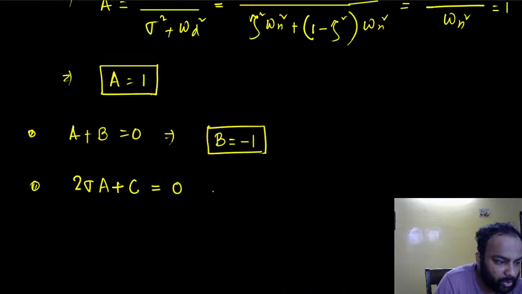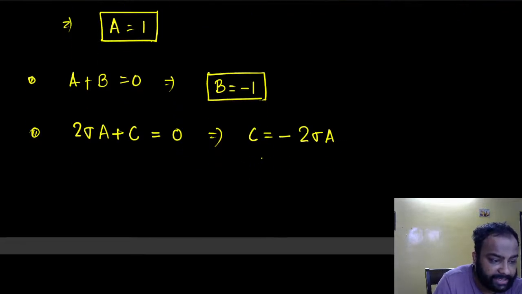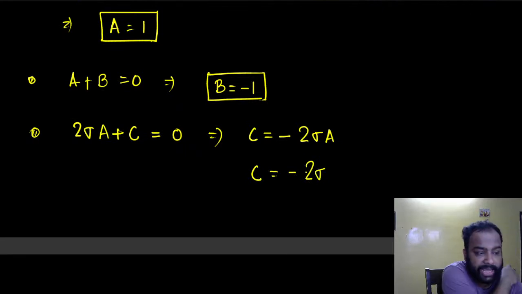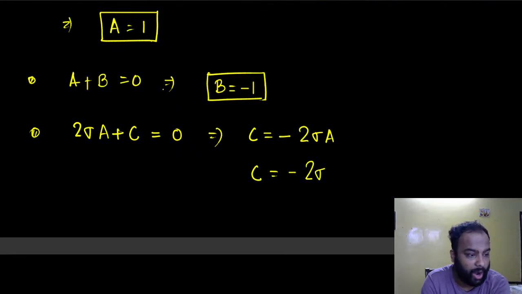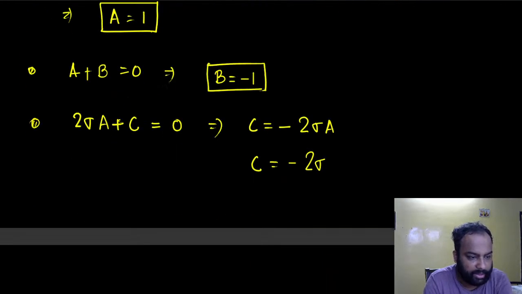So C is going to be minus 2 sigma A. I already know the value of A, so C is equal to minus 2 sigma, because A has already been proven to be 1.